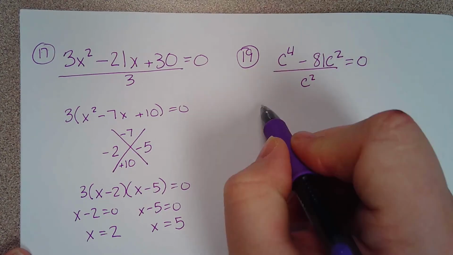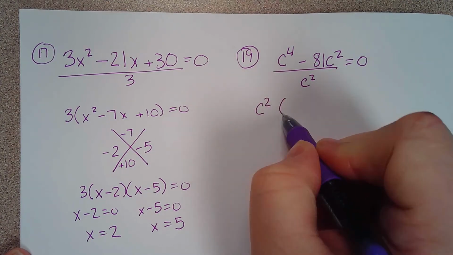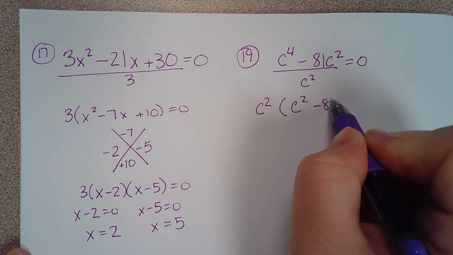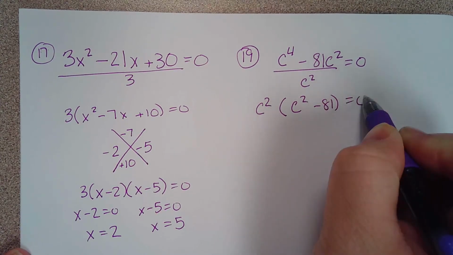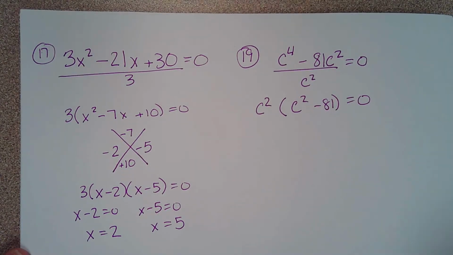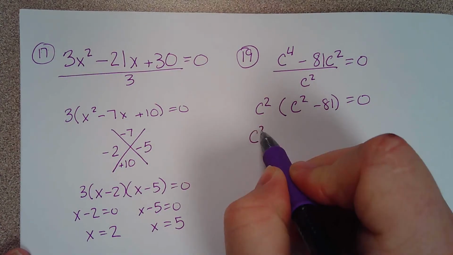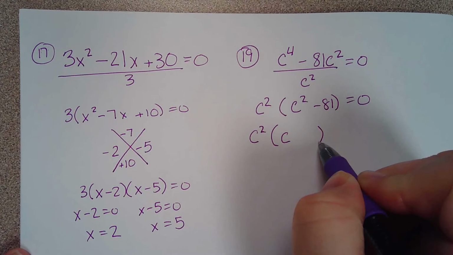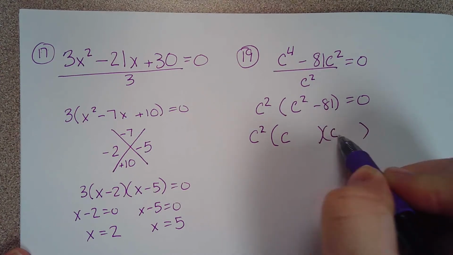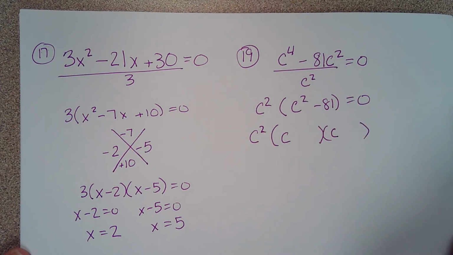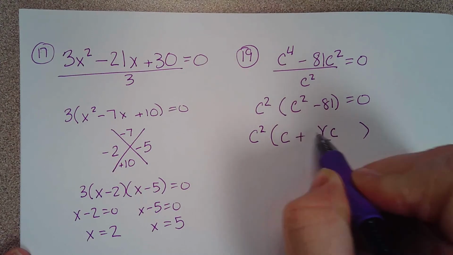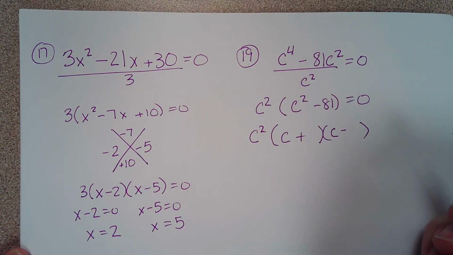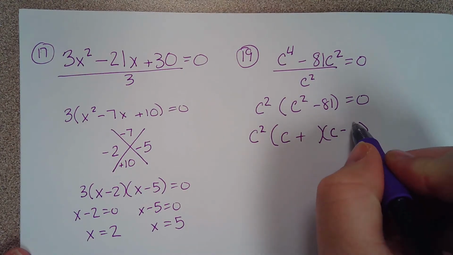So take out a c squared first, and this gives me c squared minus 81. Now that is a difference of squares. So I know if I do the square root of c squared, I'm going to get c. I'll put that in the front of each grouping. And then I have difference, that means one positive, one negative. The square root of 81 is, you're right, 9.